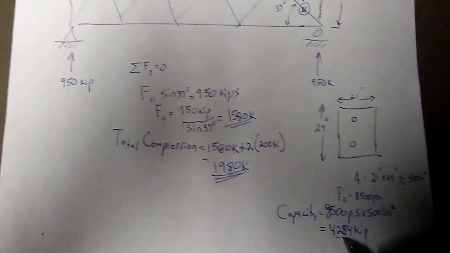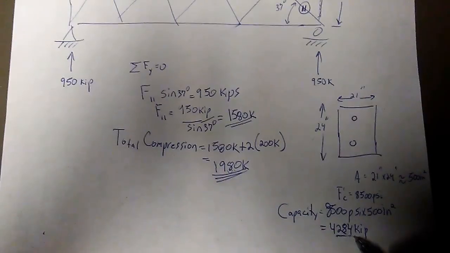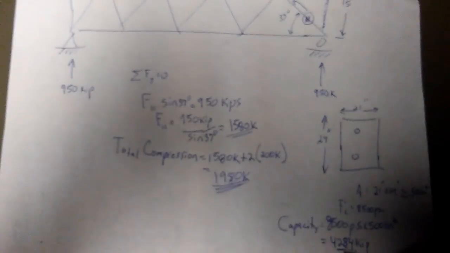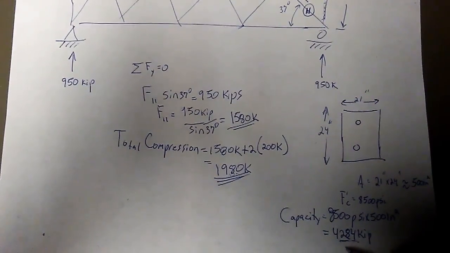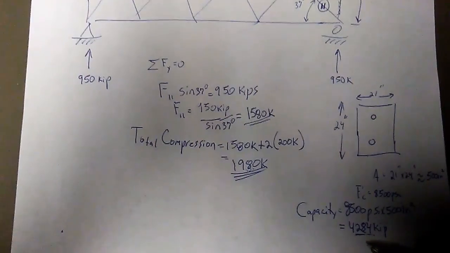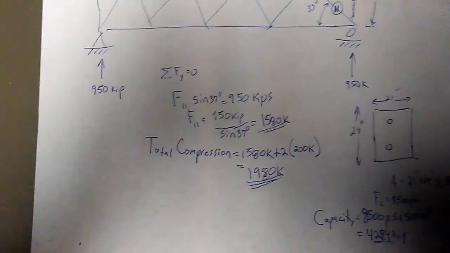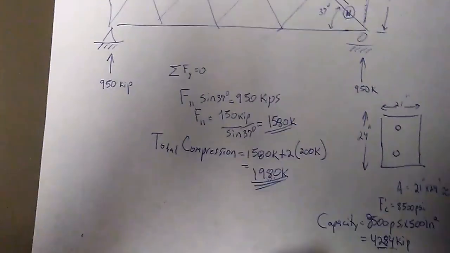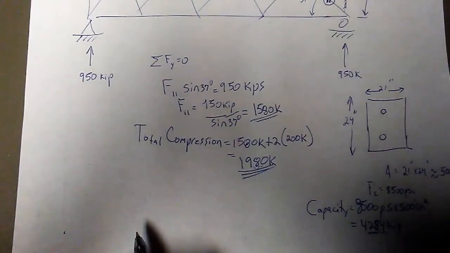This is a number that you're never going to design for. So you have to reduce it to account for flaws and imperfections, and give yourself a safety factor. So with a concrete column, there's a bunch of factors. Now these factors I'm getting from the concrete code.